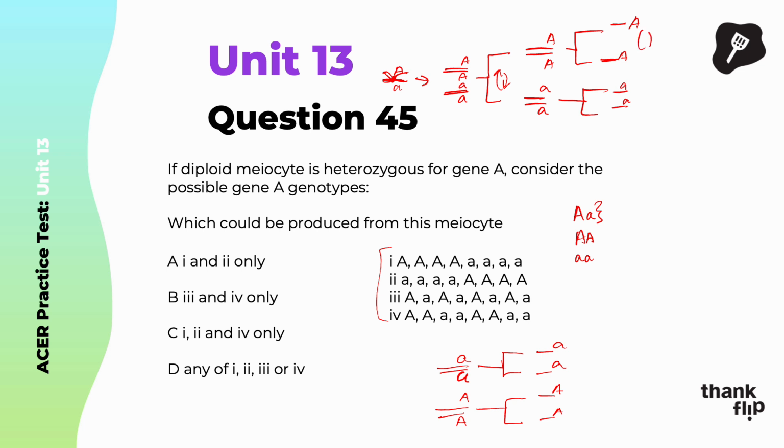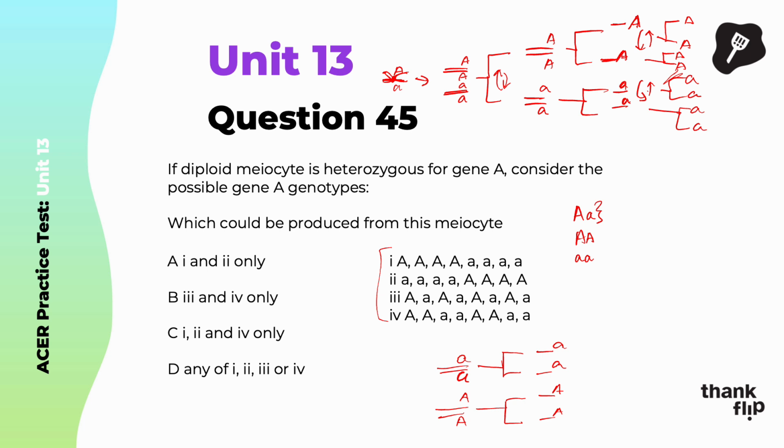And then these two could swap around as well, but that wouldn't change anything because obviously this is capital and this is lowercase and lowercase, so it would be the same exact thing. Then these go off to just form A, capital A. So this is just mitosis. Then you have lowercase a, and lowercase a, and lowercase a.